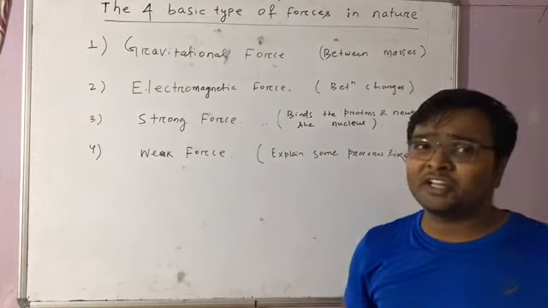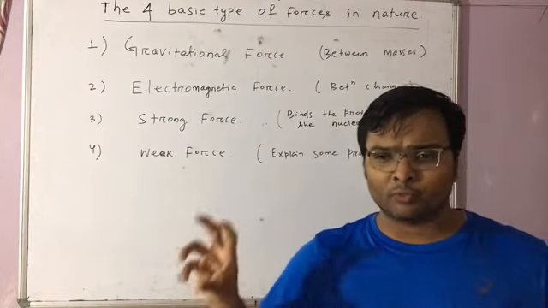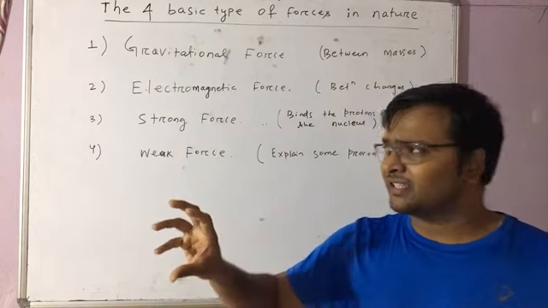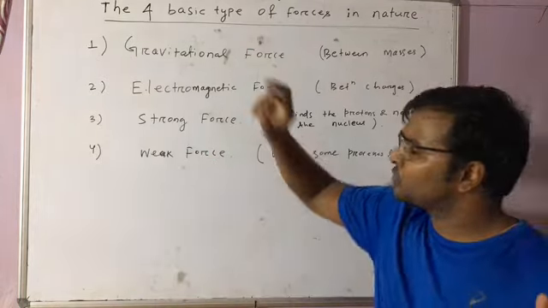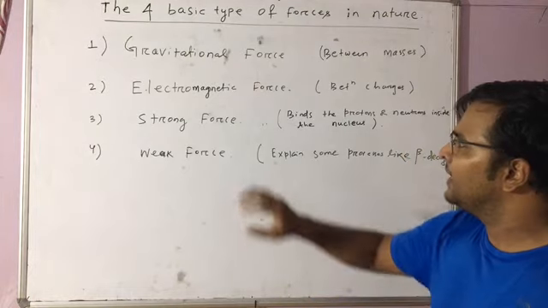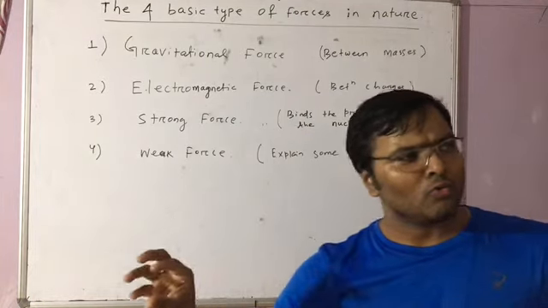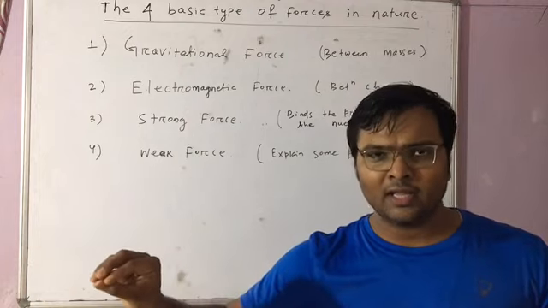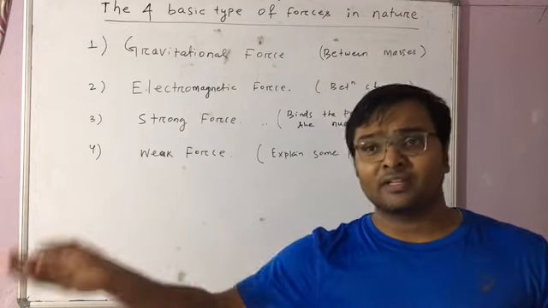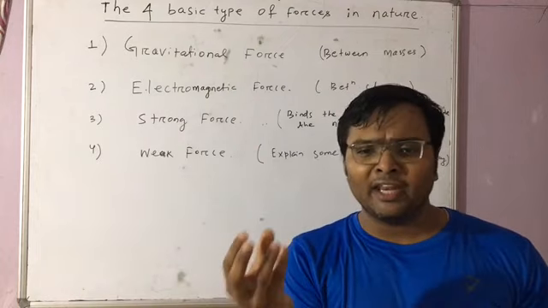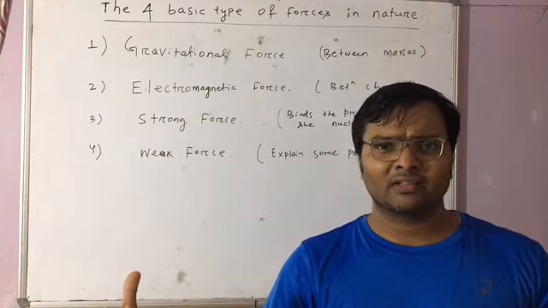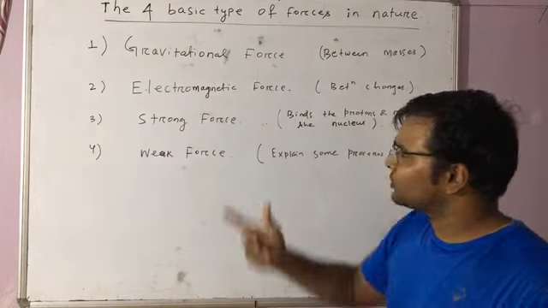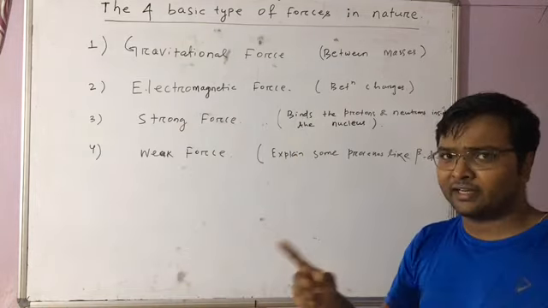Just like gravitational force, if two objects have mass, then they can interact, and that leads to gravitational interaction. If two objects have charge, which is another kind of property of a body other than mass, they can interact, they can talk to each other, and that interaction is called electromagnetic interaction.